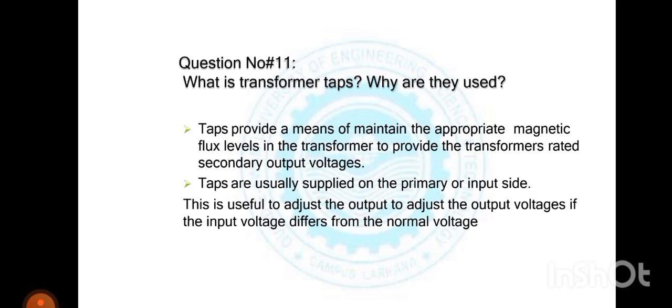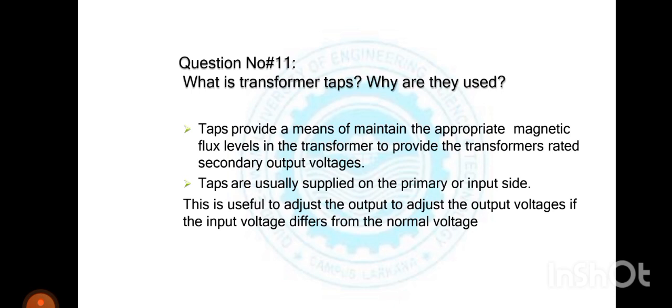Question number 11. What are transformer taps? Why are they used? Taps provide a means of maintaining the appropriate magnetic flux levels in the transformer to provide the transformer's rated secondary output voltages.